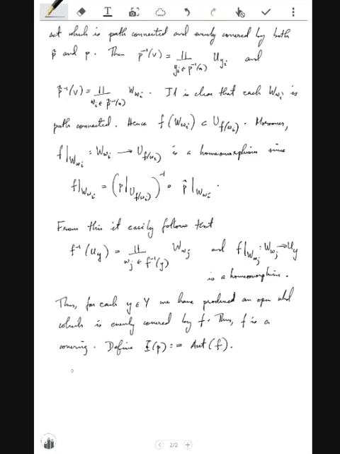So recall that Aut of f is those maps sigma pictured in a diagram like this. So this clearly implies that Aut of f is a subgroup of Aut of p tilde.